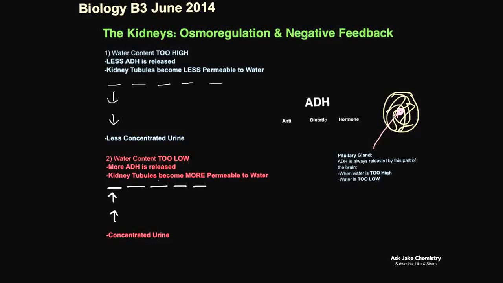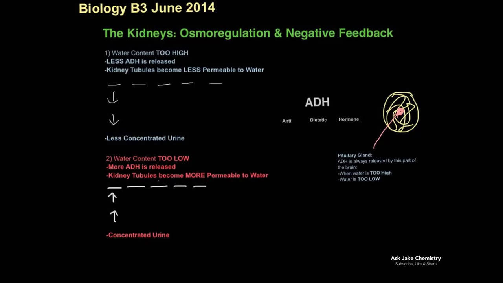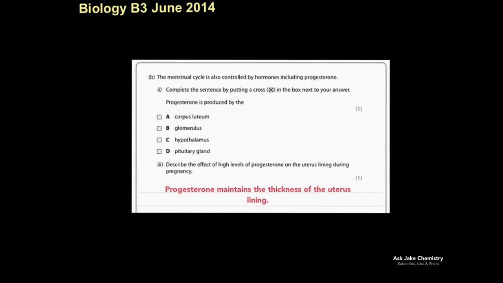ADH makes the kidney reabsorb more water, which results in concentrated urine. Now let's say the reverse happens and the water content is too high. You've got a gain of water. This means the brain detects the water gain and the pituitary gland releases less antidiuretic hormone. The lack of ADH means the kidney reabsorbs less water, which means that you have less concentrated urine. On to the next question.